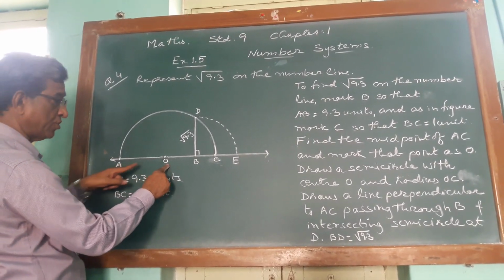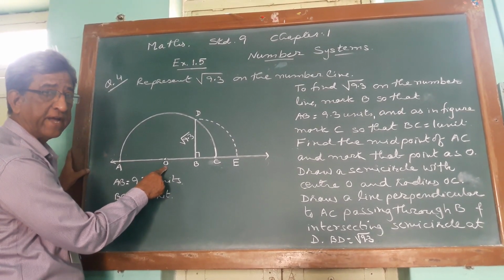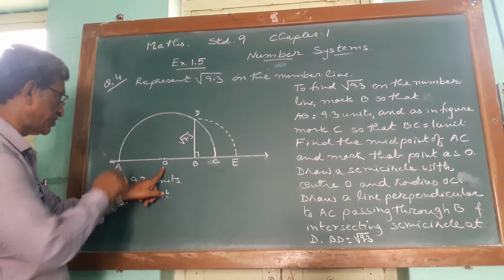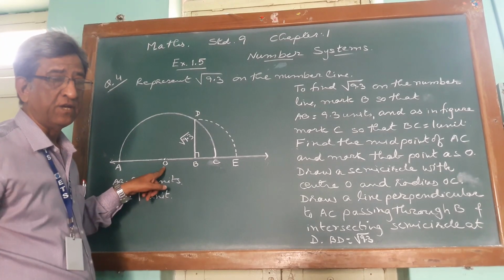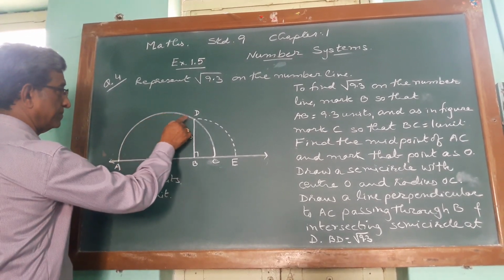You can put your compass on O and pencil on A or C. Your pencil should touch A or C. Then with the center O, draw one semicircle.